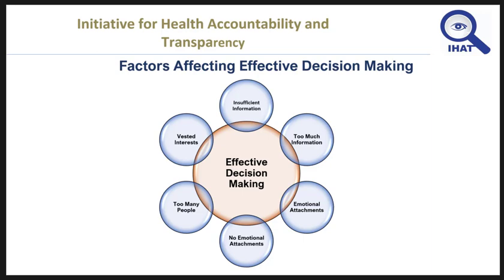Having too much information is also a factor that affects effective decision making. Seen quite often is having so much conflicting information that it is impossible to see the wood for the trees. This is sometimes called analysis paralysis and is also used as a tactic to delay organizational decision making, with those involved demanding ever more information before they can decide.